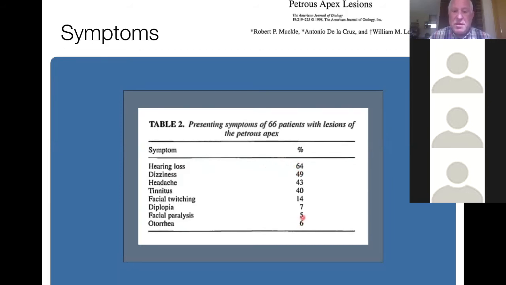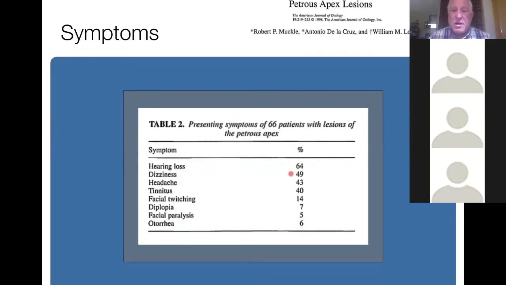As you can see here, only 6% presented with otorrhea. So we're not seeing patients like they saw at the turn of the century, and as described by Gradenigo, with otorrhea, pain, and abducens palsy. If you see a patient like that, take a video and document it, because in today's day and age, it's not the most common presentation.